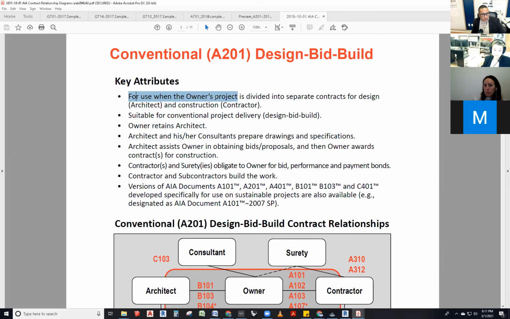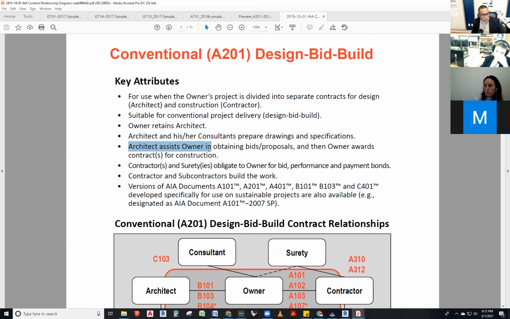It is for use when the owner's project is divided into separate contracts for design, which is the architect, and construction, the contractor. Suitable for conventional delivery, which is the design bid build. The owner retains the architect. The architect and her consultants prepare drawings and specifications.